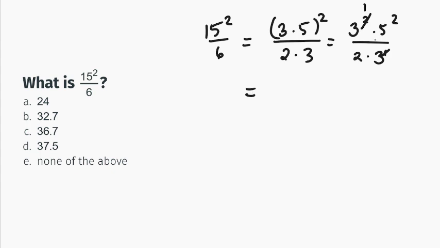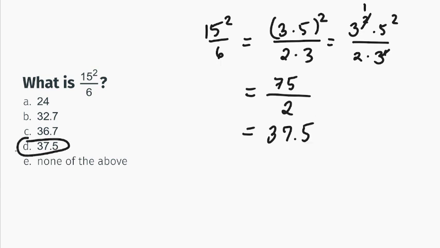So essentially, these are all equal to 3 times 5 squared, which is 3 times 25, which is 75, all over 2. And in decimal form, this is 37.5. Hence, our answer is letter D, 37.5.